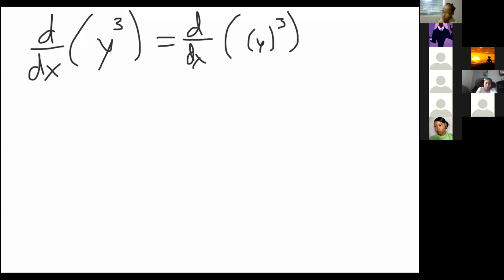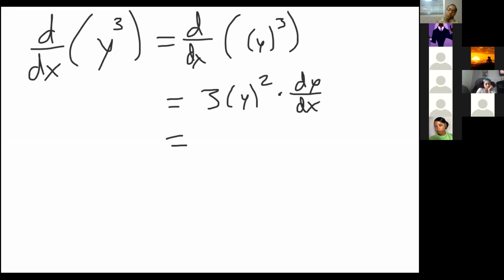Take the derivative of the outer function, which is just a cube function. So I bring my exponent down, rewrite what was inside, which was just a y, and then subtract 1 from the exponent. 3 minus 1 is 2. But then I need to make sure I multiply by the derivative of the inside, that dy over dx.